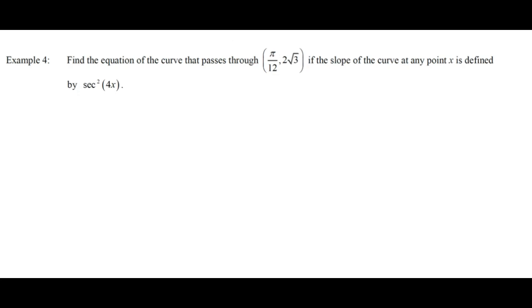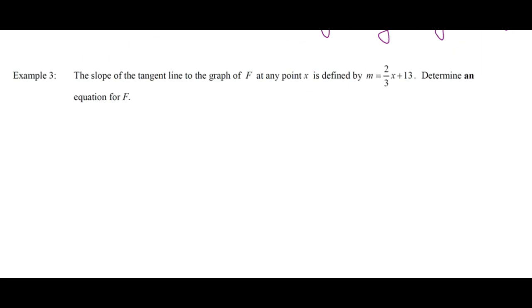Find the equation of the curve that passes through pi over 12, 2 root 3, if the slope of the curve at any point. Did you skip example 3? Oh, how is this fair? It's down here. The slope of the tangent line to the graph f at any point x is defined by m is 2/3 x plus 13.